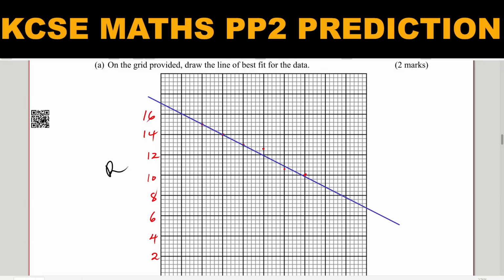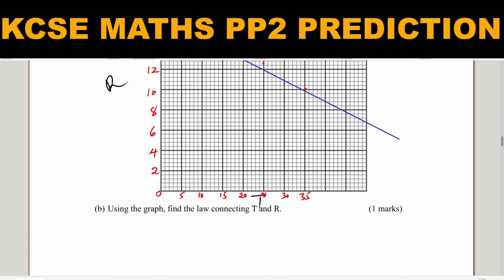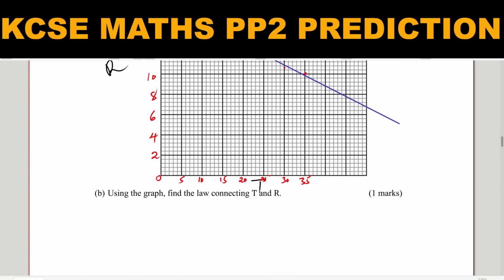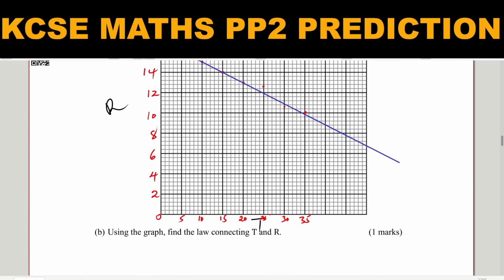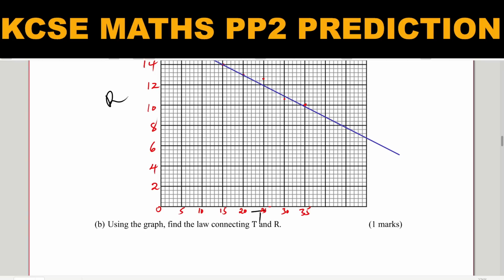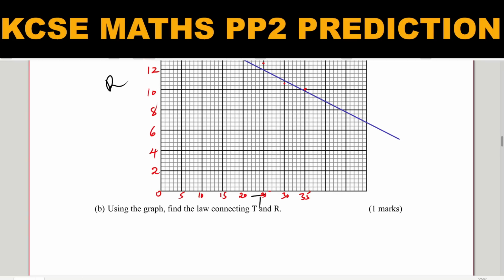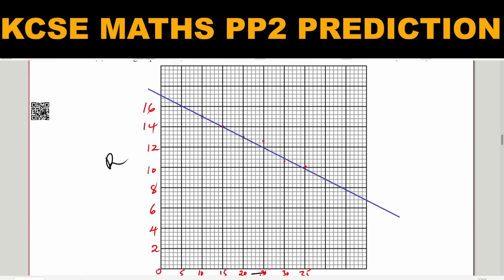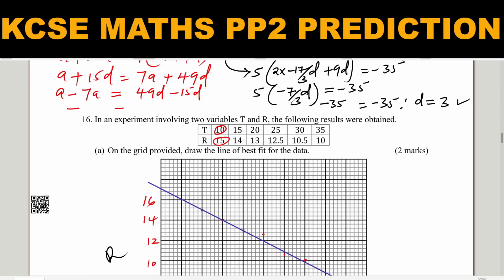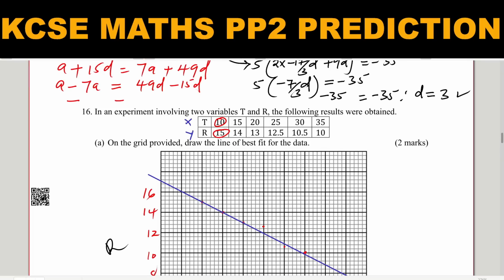Now after doing that, we can use the graph to find the law connecting T and R. So the equation of this line, whereby I'm treating this one as T, this is like X, and this is like Y. If you want to get the law connecting T and R, you simply write the equation of that line.